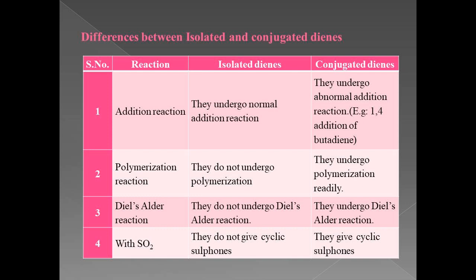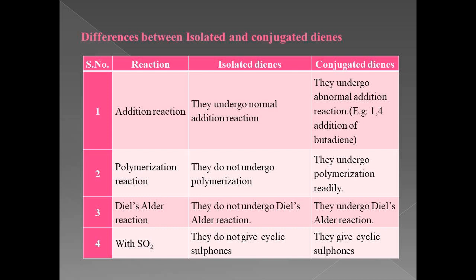Differences between isolated and conjugated dienes. Addition reactions: isolated dienes undergo normal addition reactions, conjugated dienes undergo abnormal addition reactions, for example 1,4-addition of butadiene.